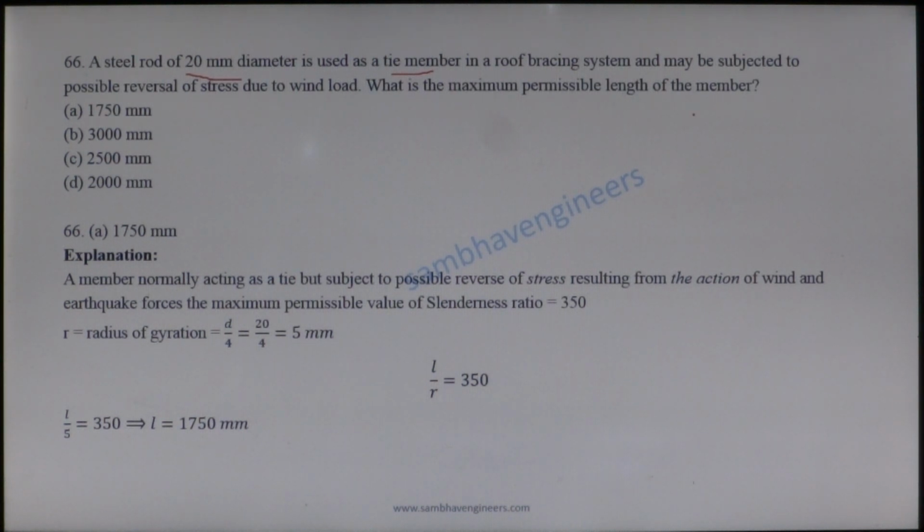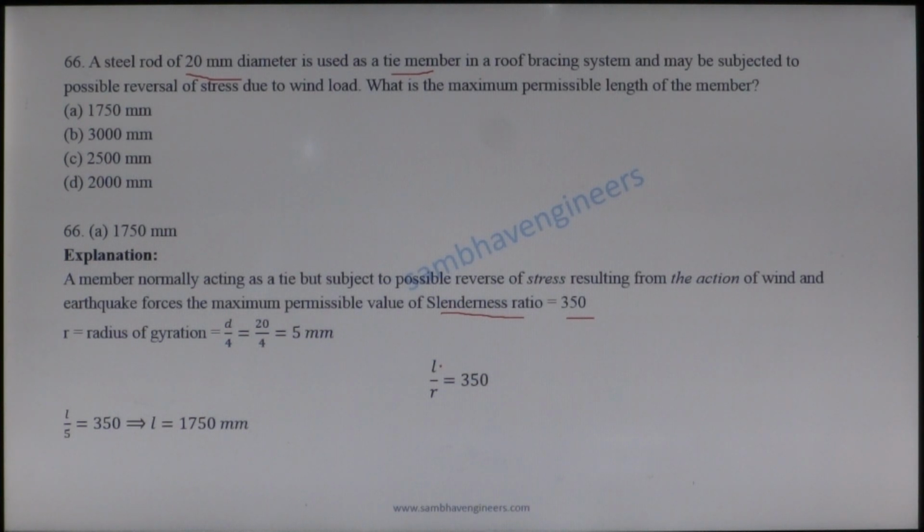Maximum permissible length of the member depends upon the slenderness ratio. For the above case, in which the member is a tension member, possible reversal of stress due to wind load is permissible. In this case, maximum value of slenderness ratio is equal to 350.